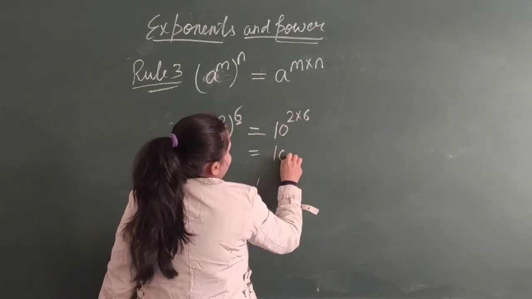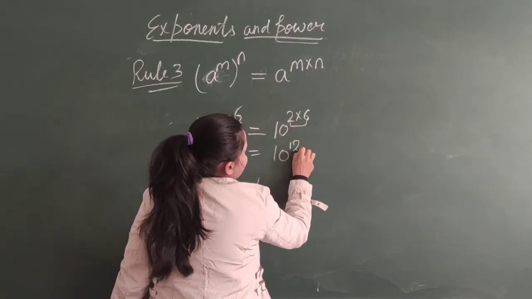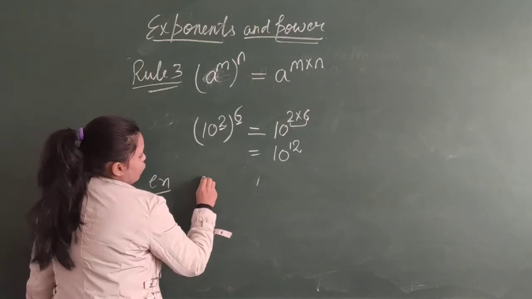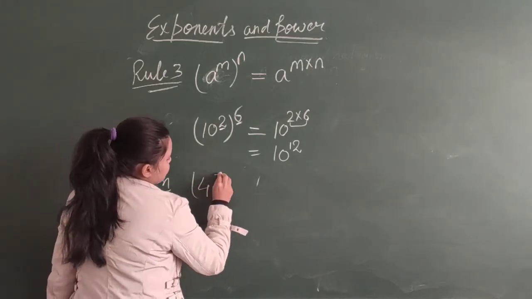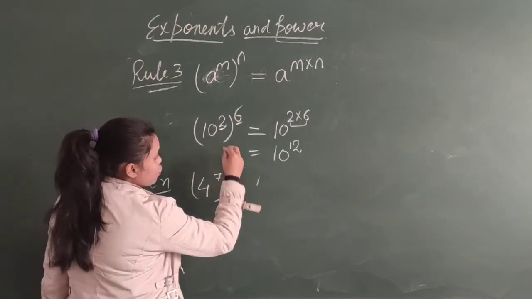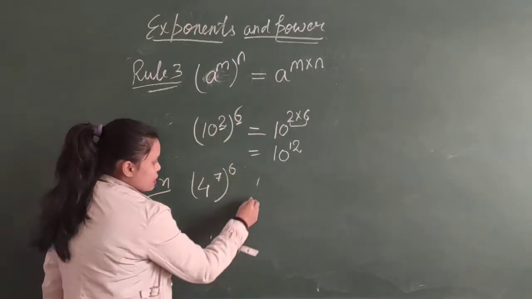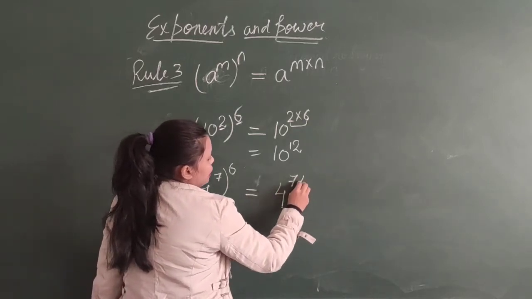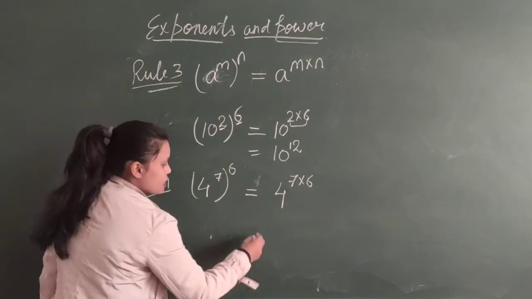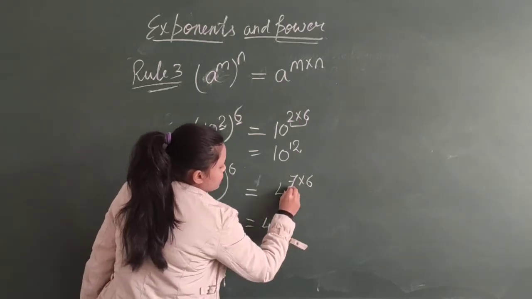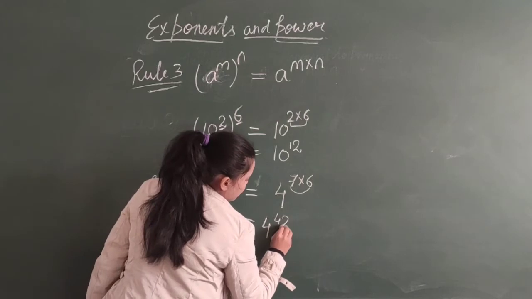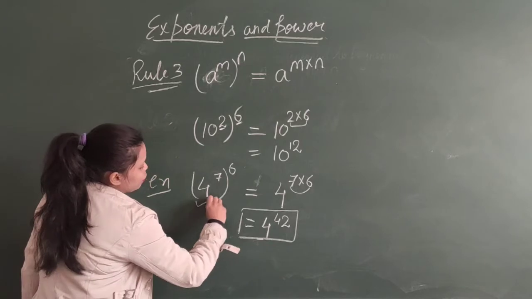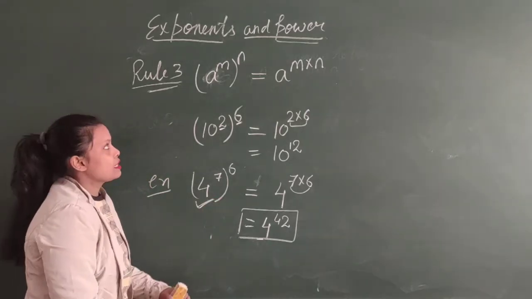It will give you 10 raised to power 12. Another example: 4 raised to power 7, raised to power 6. It will give you 4 to the power 7 multiply 6. 7 sixes are 42. So 4 raised to power 42. This is equivalent to this. These are the 3 rules.